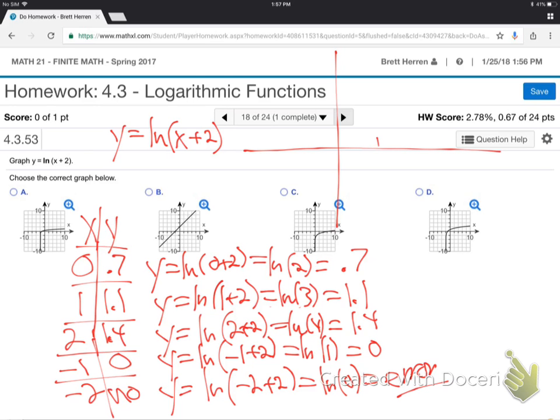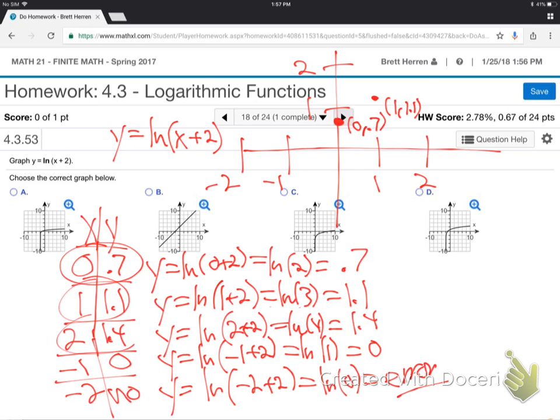So over 0, up 0.7, about like there. That good so far? Over 1, up 1.1, about right here. Over 2, up 1.4. Is that good so far?